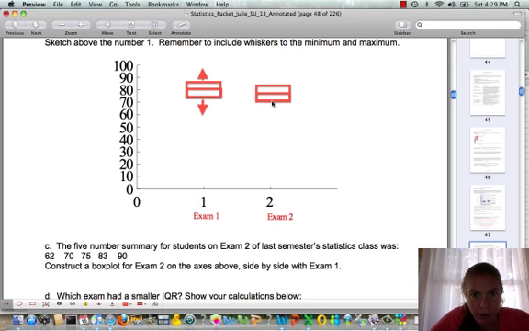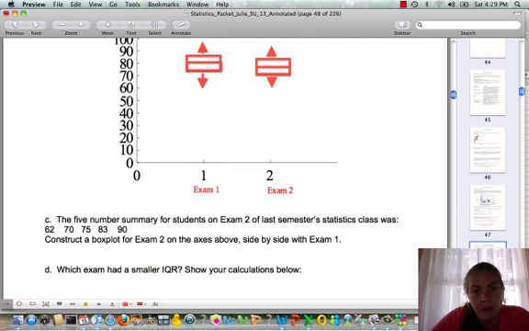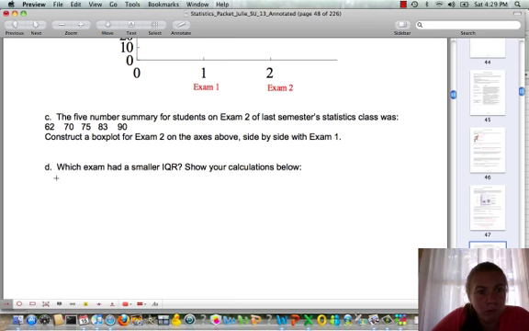So we're going to come from here down to 62, which is not too far. And then from here to 90, which is also not too far. So maybe mine's hard to see with the arrows, but extend your whiskers not too far in either direction here. So now we can calculate which exam had the smaller IQR.